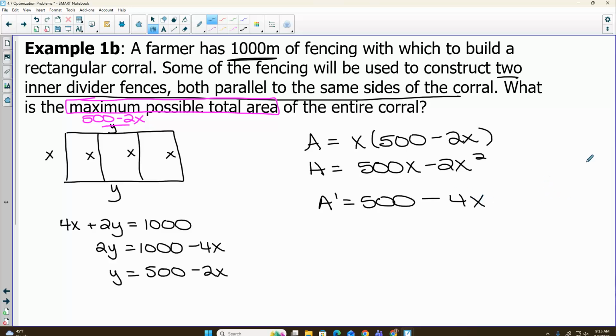And we set that equal to 0. So we divide by 4. And we get 125.